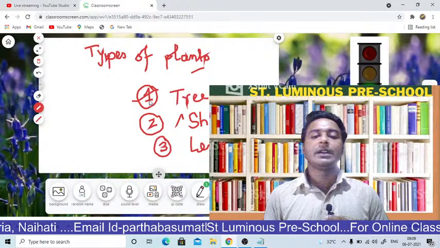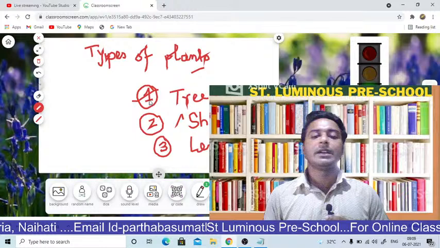And the herbs are the smallest plants. So students, look here, three types of plants are present on the basis of height: tree, shrubs, and herbs.